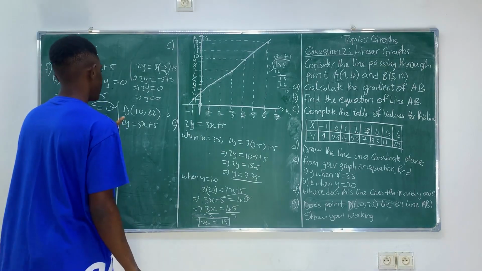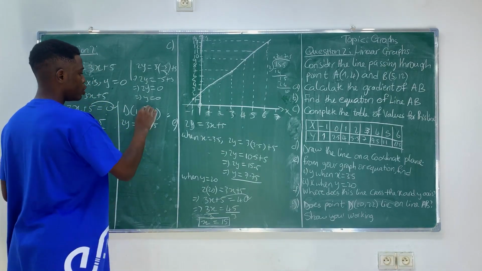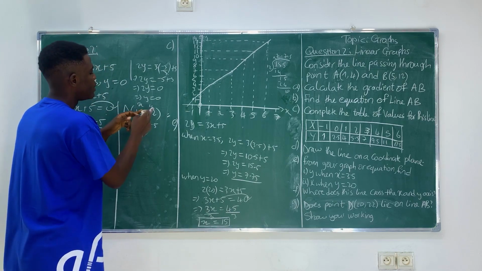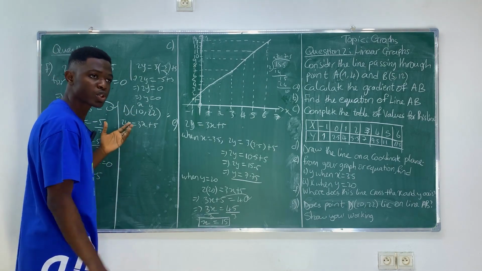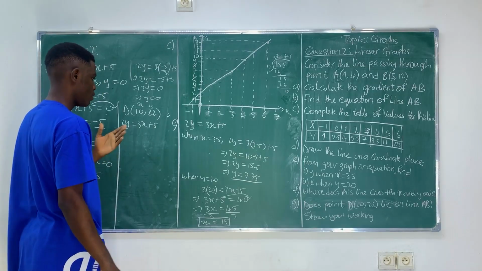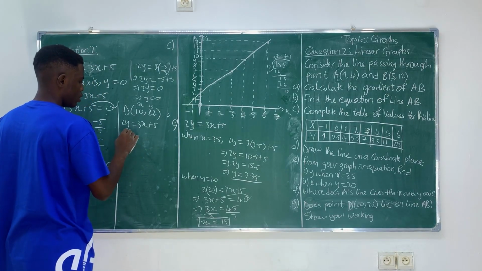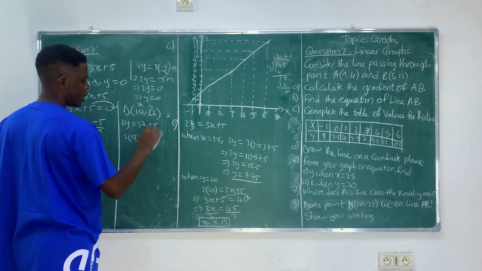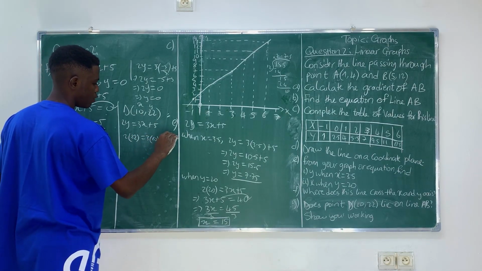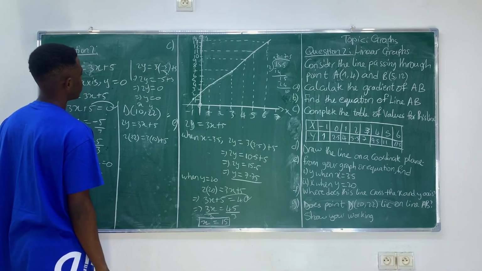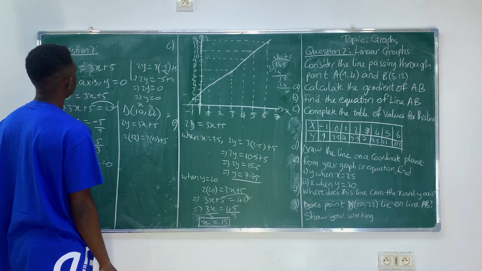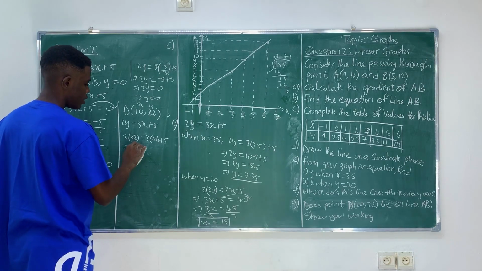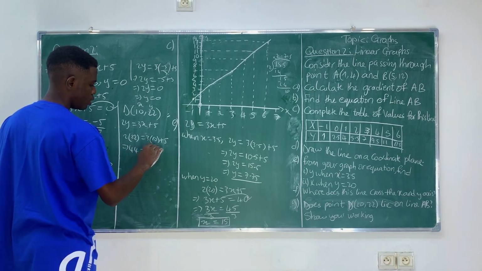So let's check and see. To know if it lies on the line, you just replace the value of x and the value of y and check if the equation is correct. So 2 times 22, where y is 22, is equal to 3 times 10, where x is 10, plus 5. Which implies 44 is equal to 30 plus 5.